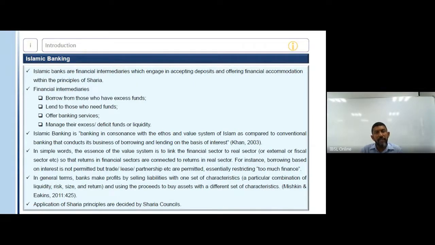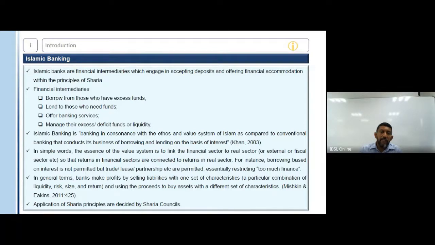When we define Islamic banks as financial intermediaries within the principles of Sharia, we first define financial intermediaries as having broadly four types of functions, especially looking at the banking side. There are other types of financial intermediaries, but we are not concerning ourselves with that at the moment.